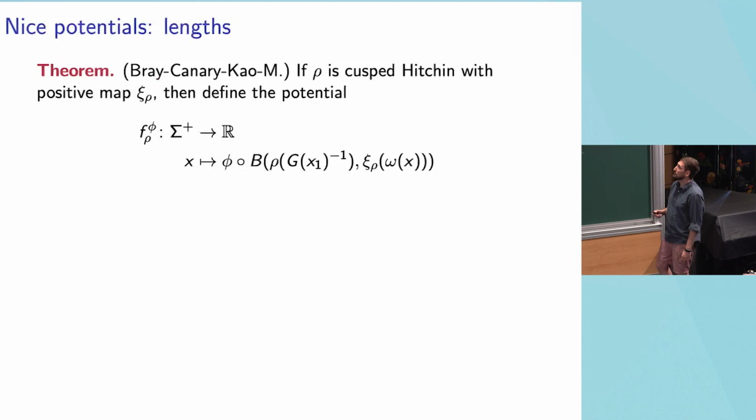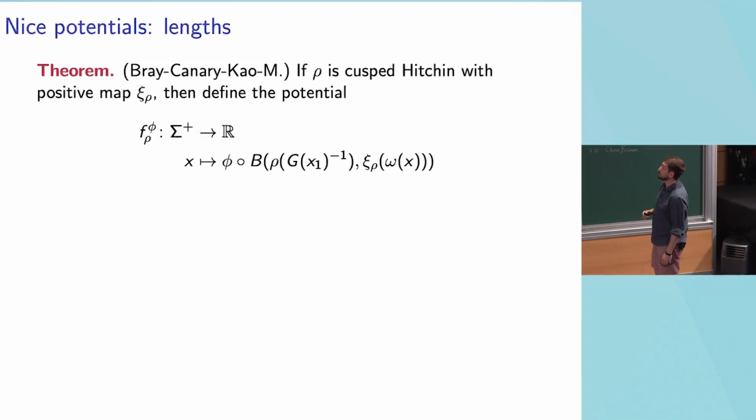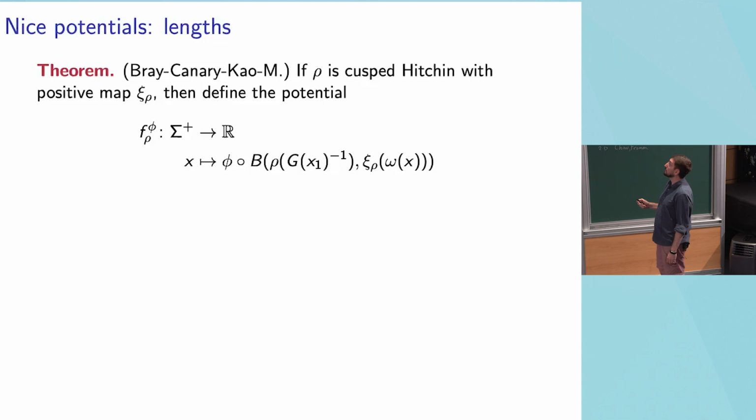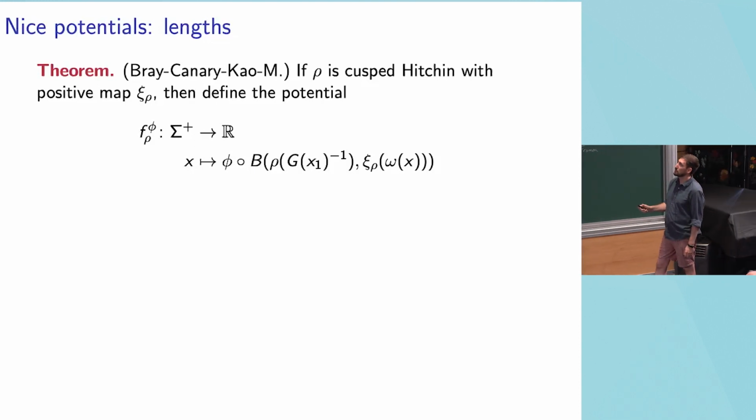So here come the nice potentials. If I have a cusped Hitchin representation with this limit map xi rho, I have an element in my shift, which I can think of as a geodesic ray. So the geodesic ray has a first element, which is an element of your group. That gives me an element in gamma, x1 inverse, and I can apply rho to it to get an element in SLDR.